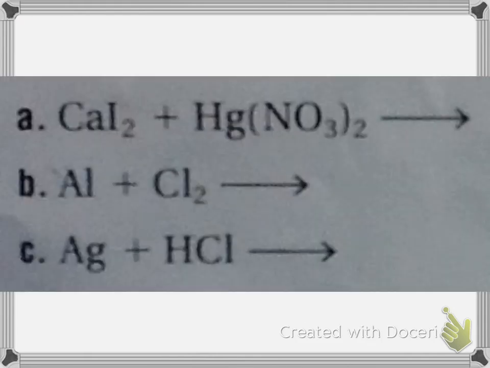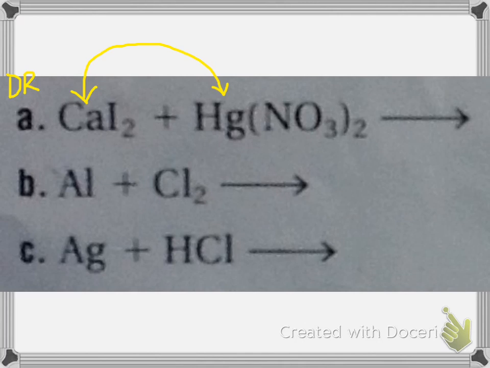So working to our balancing, now again remember we said that this first one was a double replacement. So that means we're going to have swapping of partners. So remember our definition of double replacement is positive ions exchange. So calcium is a metal and is positively charged, and mercury is a metal and is positively charged.